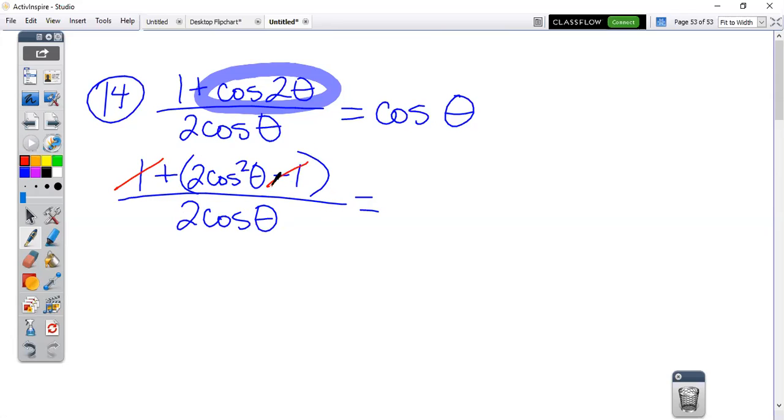They cancel. 2 divided by 2 is 1. Cosine squared over cosine: the cosine cancels and the square cancels, and you're left with cosine of theta, or x. Bada boom, bada bing. Okay?